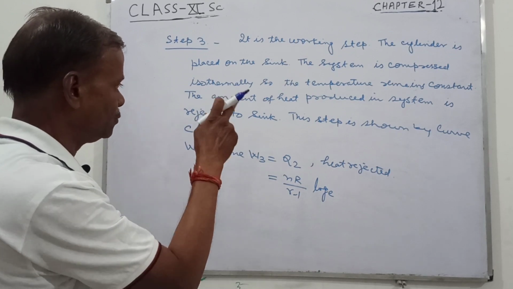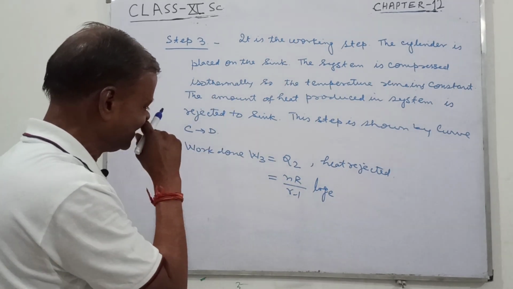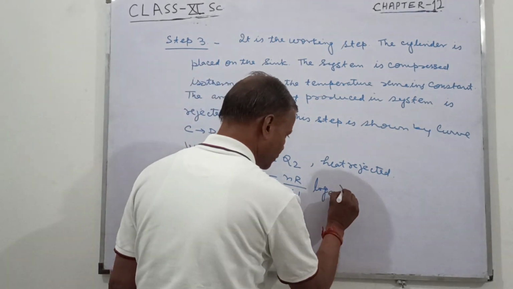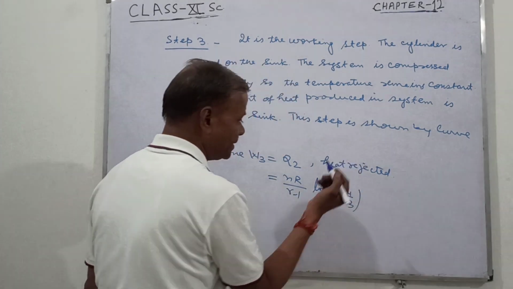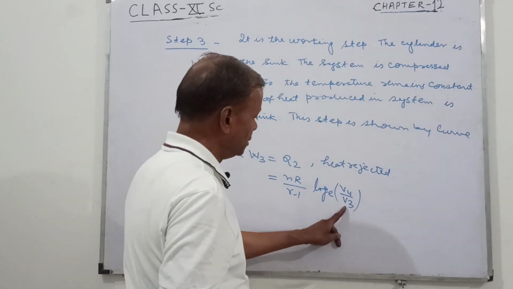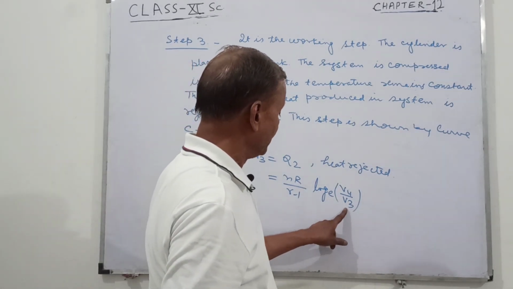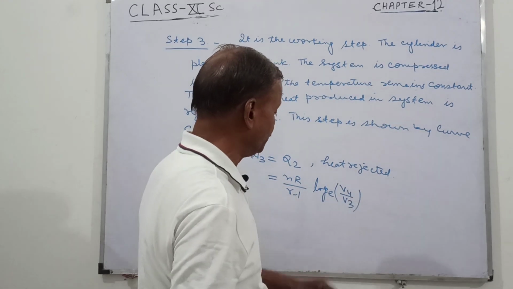A to B, B to C, C to D. So V4 upon V3. Since there is compression, this V3 will be less in comparison to V4.